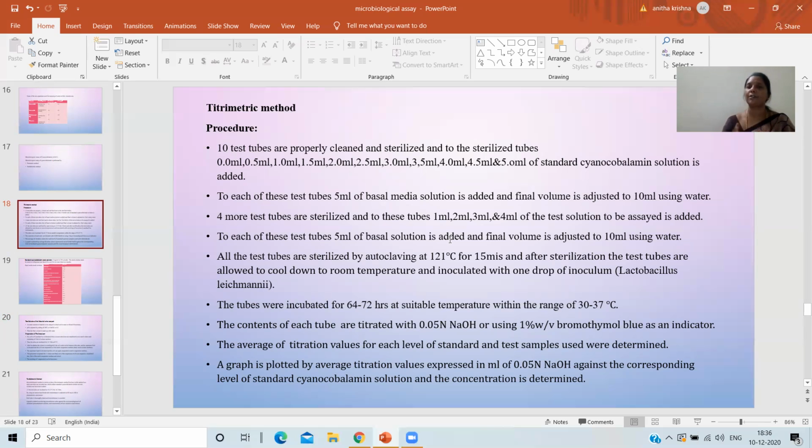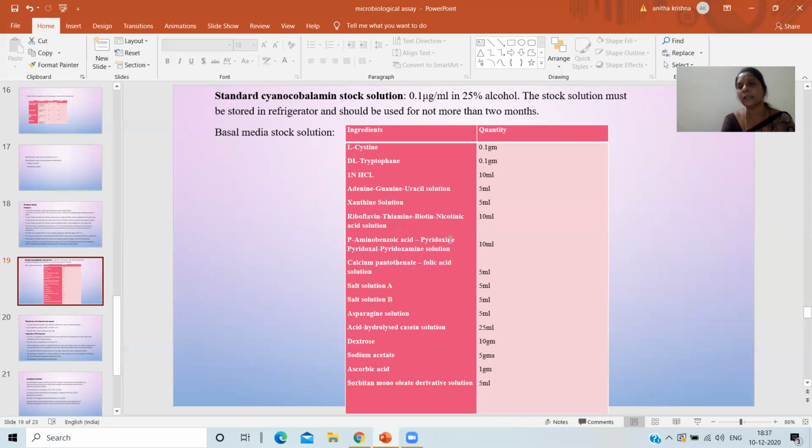The average titration values are taken for each level of standard as well as test samples. Then you plot a graph of average titration versus the levels of standard cyanocobalamin solution, and the concentration of the unknown sample can be determined. So that is the procedure you follow in the titrometric method.